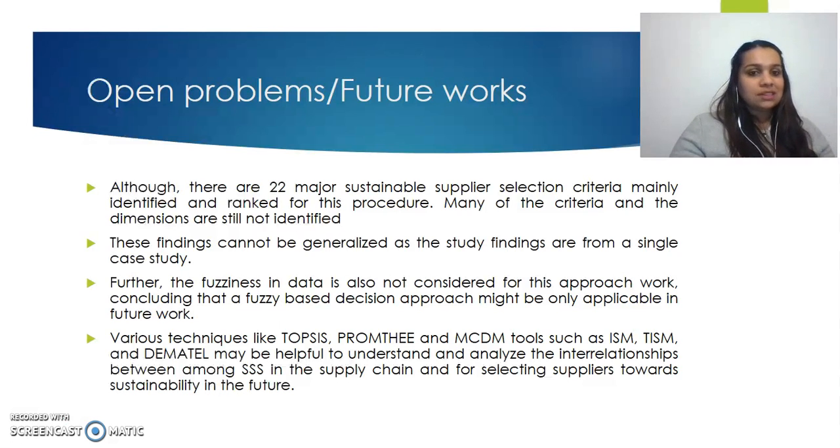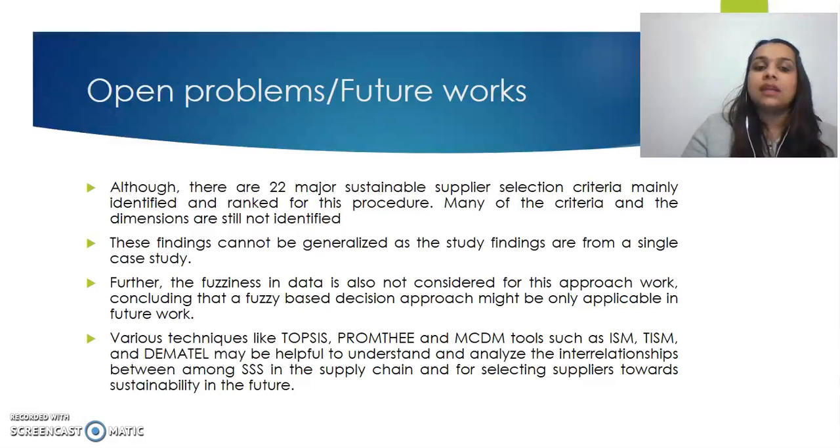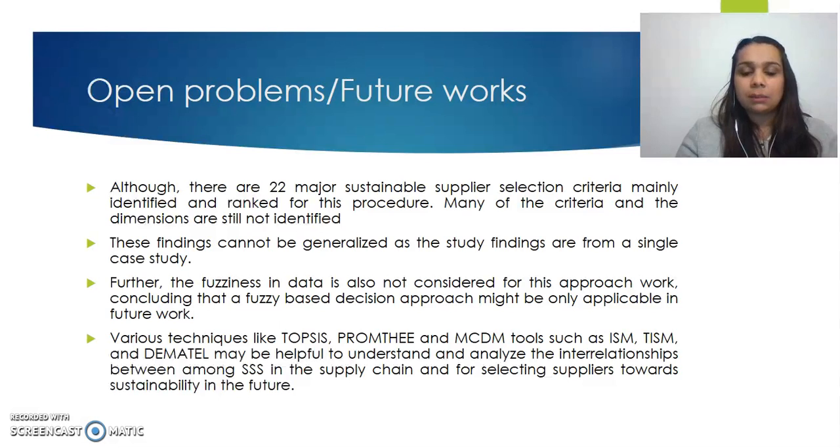Further, the incoherence and fuzziness in data is also not considered in this approach, because a fuzzy-based decision approach might only be applicable in future work. Therefore, various techniques such as TOPSIS and MCDM tools such as ISM, TISM and DEMATEL may be helpful to understand and analyze the interrelationships between the supplier selection criteria in the supply chain and for selecting suppliers towards sustainability in the coming future.